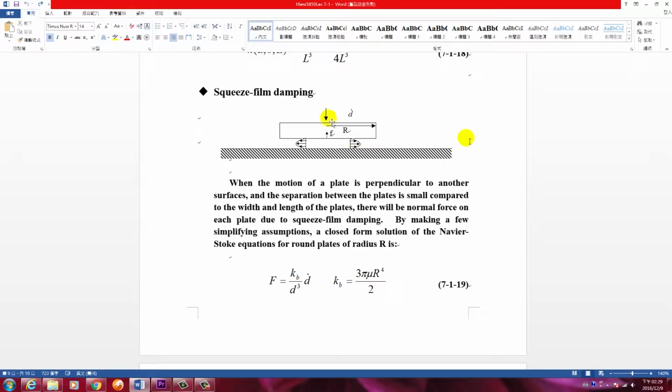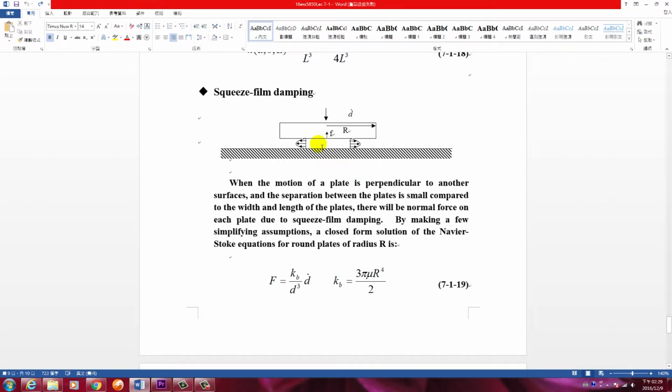So according to very complex fluid mechanics calculation, you can find out the force when you push down the plate close to the bottom surface to squeeze out the air from the bottom. The force will be proportional to several things. The first one is the speed you push down.